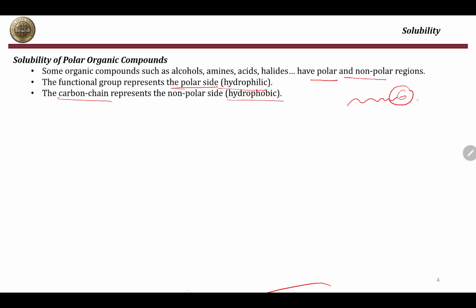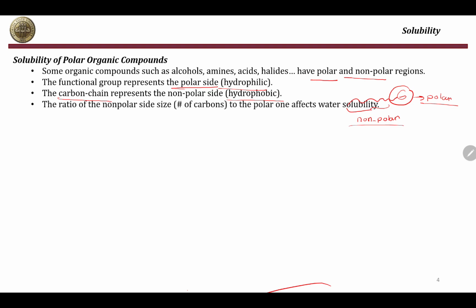This functional group here represents the polar side of the molecule, and this carbon chain here represents the non-polar side of the molecule. Since these compounds have polar and non-polar regions, they behave in a different way than other ones.